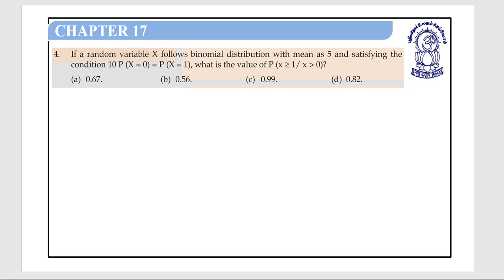If random variable x follows binomial distribution with mean as 5 and satisfying the condition 10 p of x is equal to 0 is equal to p of x is equal to 1, what is the value of probability of x greater than or equal to 1 divided by x greater than 0?